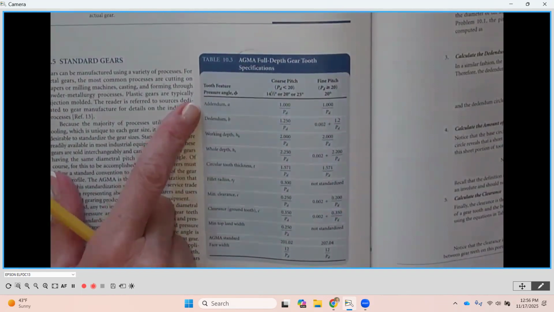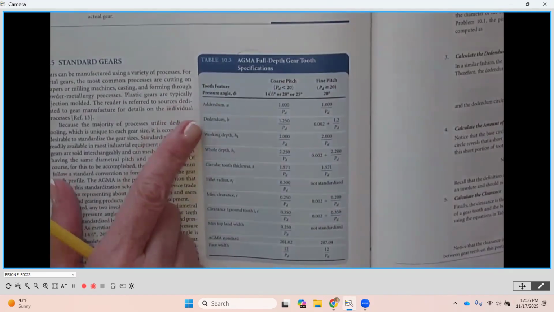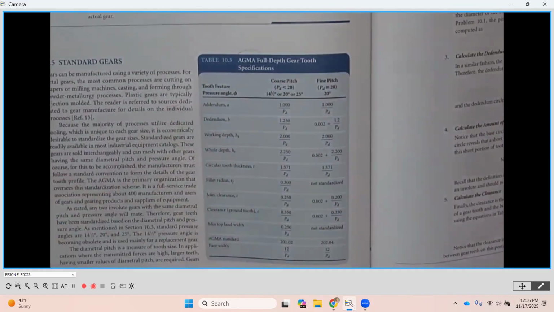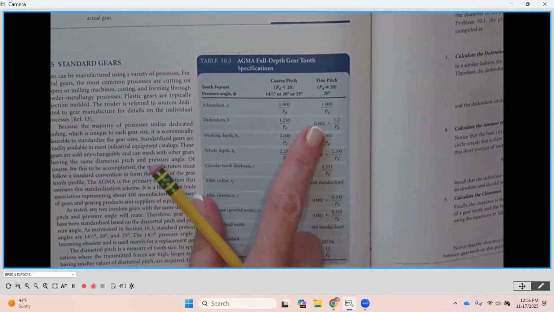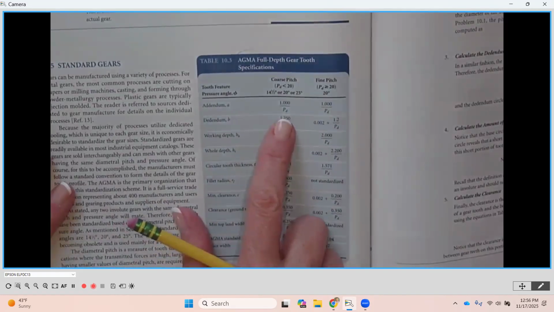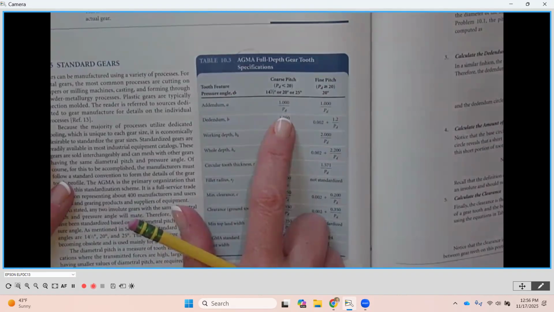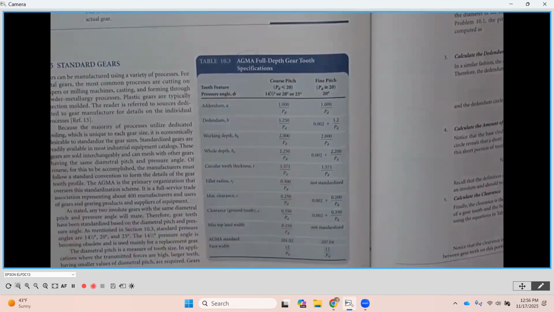And you'll notice here that for some of those items that we talked about, addendum, dedendum, which is the distance above and below the pitch circle, these are going to be the calculations for those physical sizes. Notice that they're dependent on their diametral pitch. You're going to notice diametral pitch in each one of these equations.